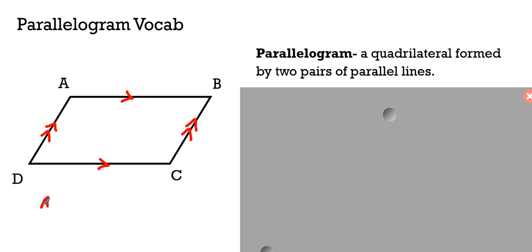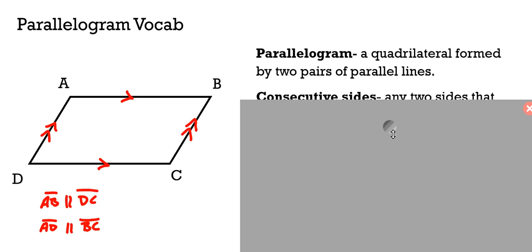Or you could be given a statement like AB is parallel to DC and AD is parallel to BC. Either way, you can consider that quadrilateral a parallelogram.